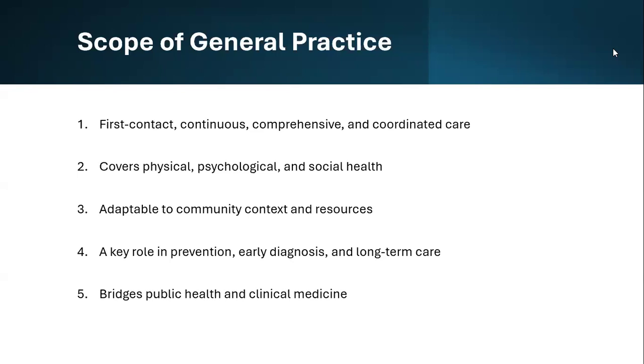So you give continuous care, which is seamless. And also you'll be giving comprehensive care where you consider the physical, psychological, and social aspects of the patient. And also you give curative care and you think about health promotion and disease prevention. Not only that, you think about the person and also his family and the community the patient lives in. So if you think about all these things, you give comprehensive care, and also you coordinate care.